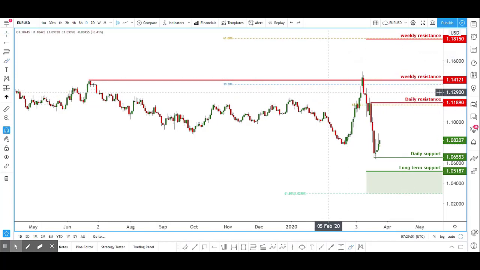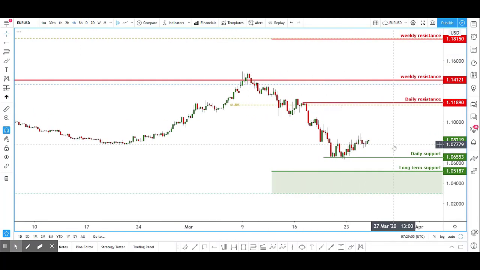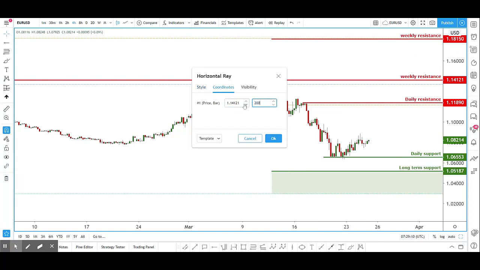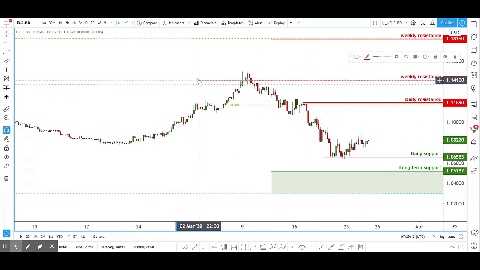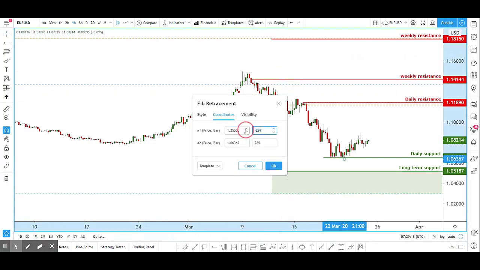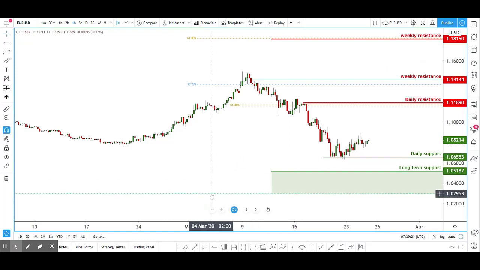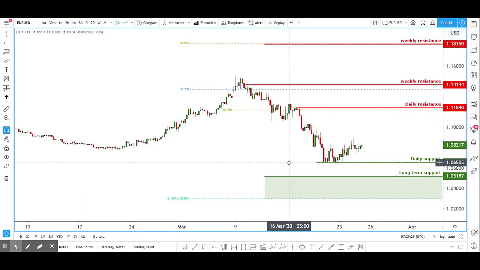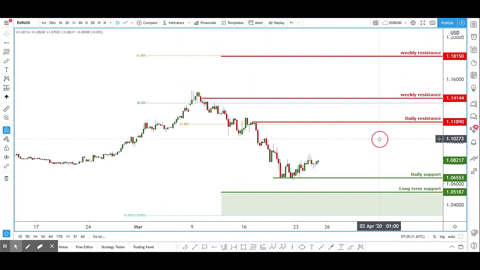Let's try to see whether we can find a nicer entry on the 4 hour. Let me tidy this up. Okay, so now we have all our levels here.